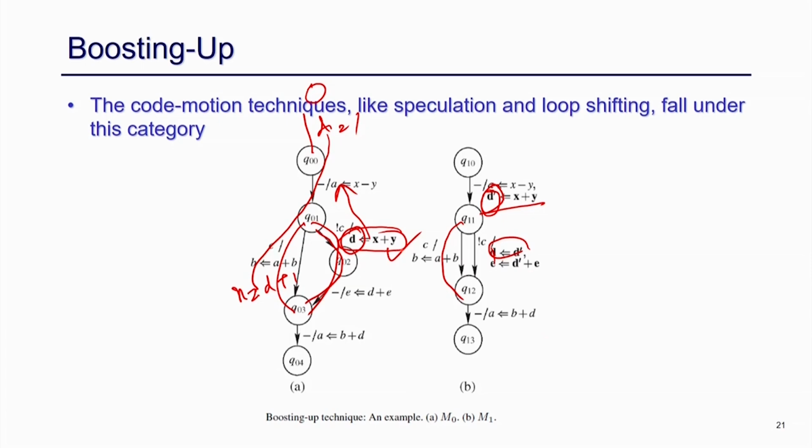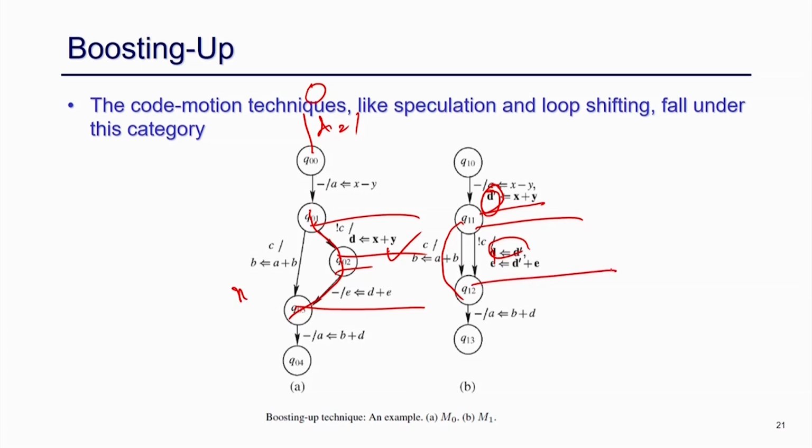In this branch I need 2 cycles: in one cycle I have to do this, in the next cycle I have to do this. But after scheduling, after boosting up, I can do this operation in one cycle. So, if there is an execution through this path, after boosting up I am saving one time step.